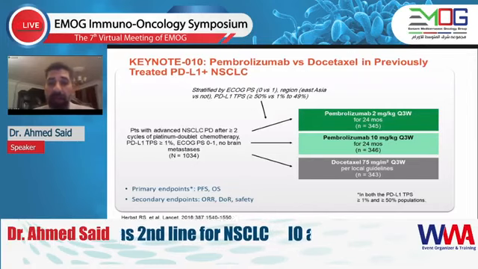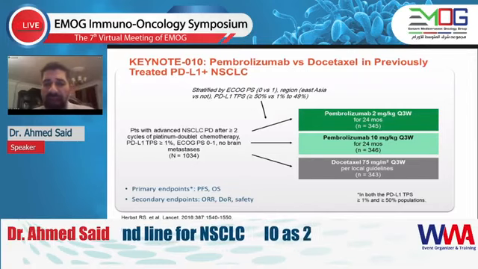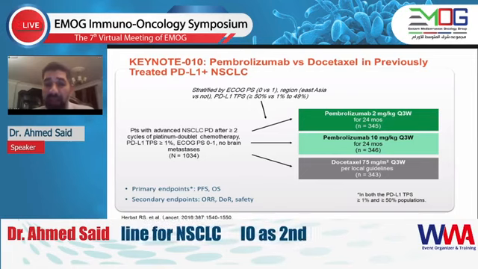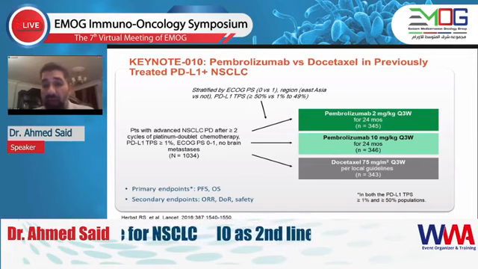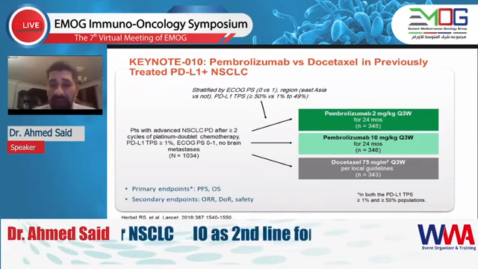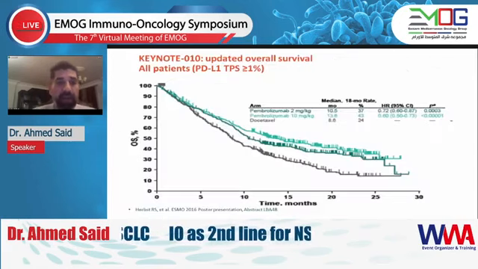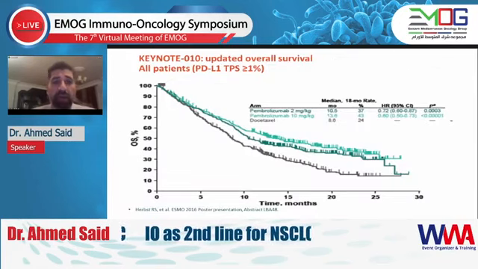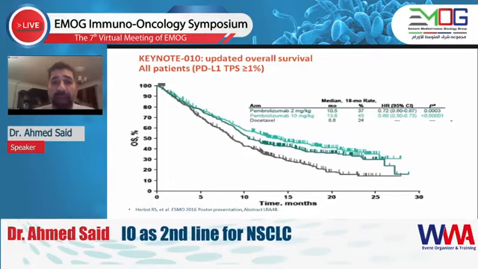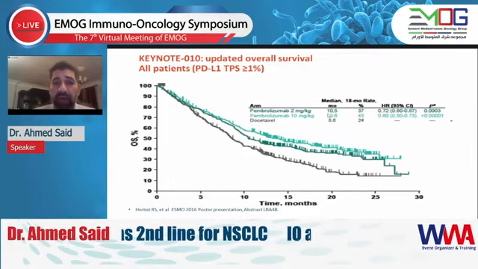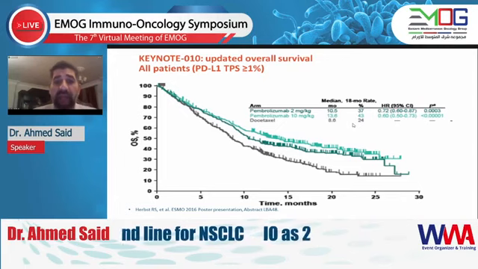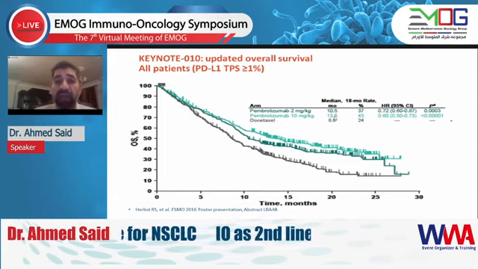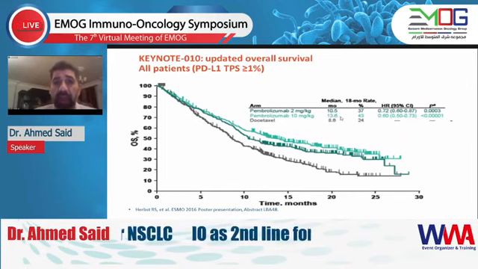But remember, pembrolizumab was given in patients having PD-L1 status of more than or equal to 1%, not the negative ones. So for the updated overall survival, we can find a comparable median overall survival for the 10 and 2 milligram per kg doses, at 10.5 and 13.6 months.